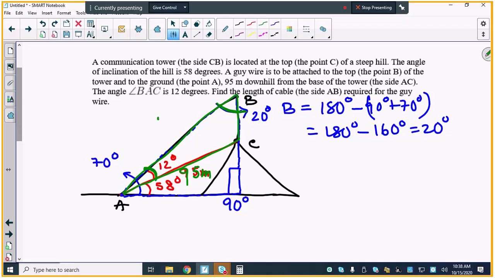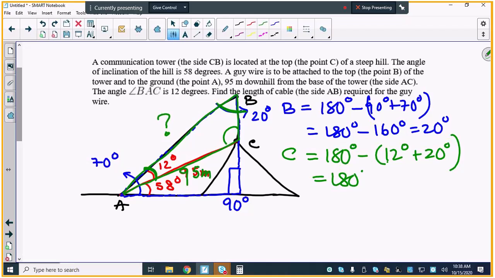And we wanted to find out this side. Since I know two of these angles, I know the angle C as well. So the angle C in our triangle is 180 degrees minus 12 degrees plus 20 degrees, which is 180 degrees minus 32 degrees. And when I do the subtraction, I get 148 degrees. So this angle over here is 148 degrees.